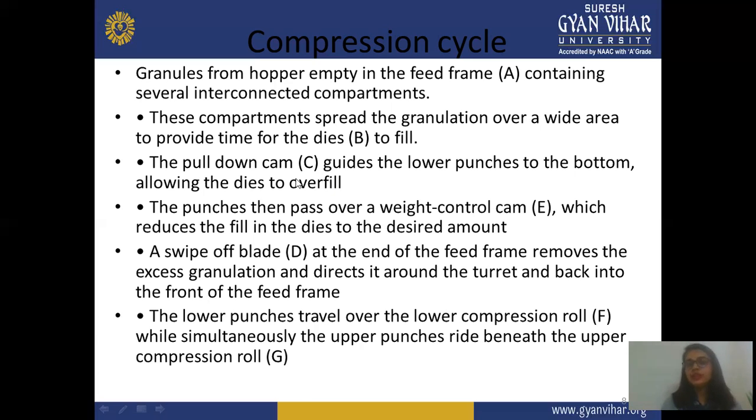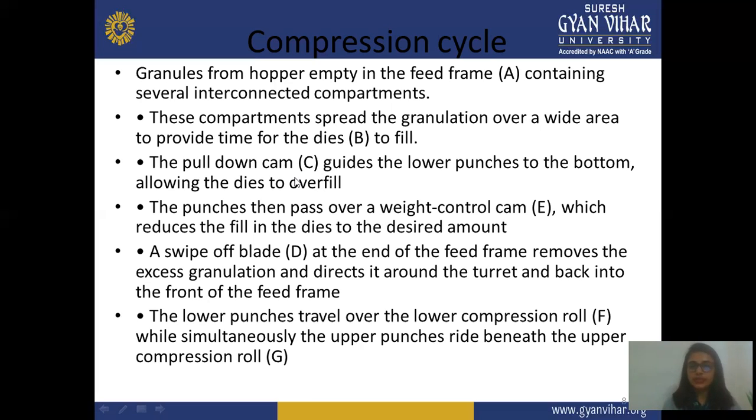In this part, mainly the required amount of granules is filled between the die and punches, and maybe the required amount of ingredient is filled in the lower punch or bottom punch, and allowed to overfill the dies.